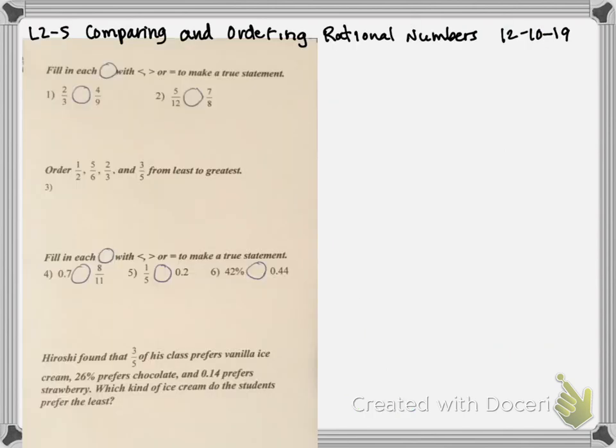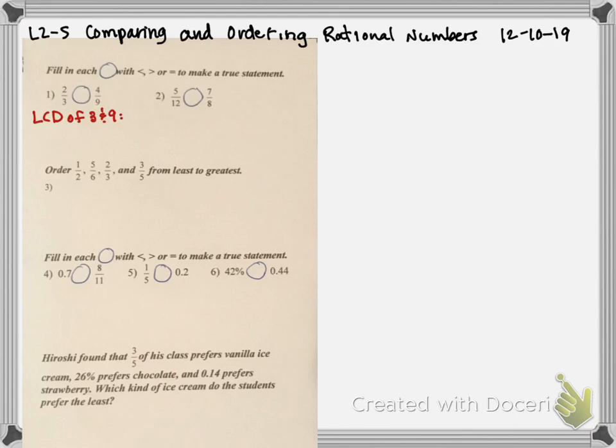So for the first two, it says fill in each circle with less than, greater than, or equal to make a true statement. Now in both cases we have two fractions, not matching, but two fractions. So what I want to look for is the LCD. So I'm looking for the LCD of 3 and 9.